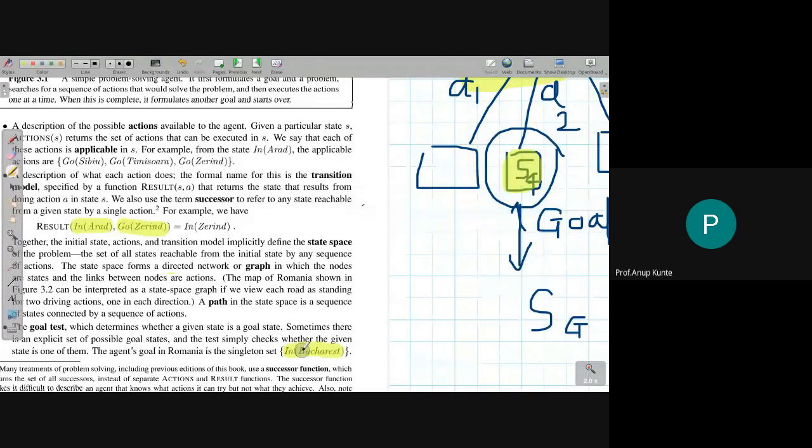Once I have these ingredients, the fourth thing I require is a test that checks whether, in the generation that I generated, there is any goal node. If there is a goal node in this generation, I should not worry about expanding them further. I should just stop my algorithm. So it's like a stopping criteria.